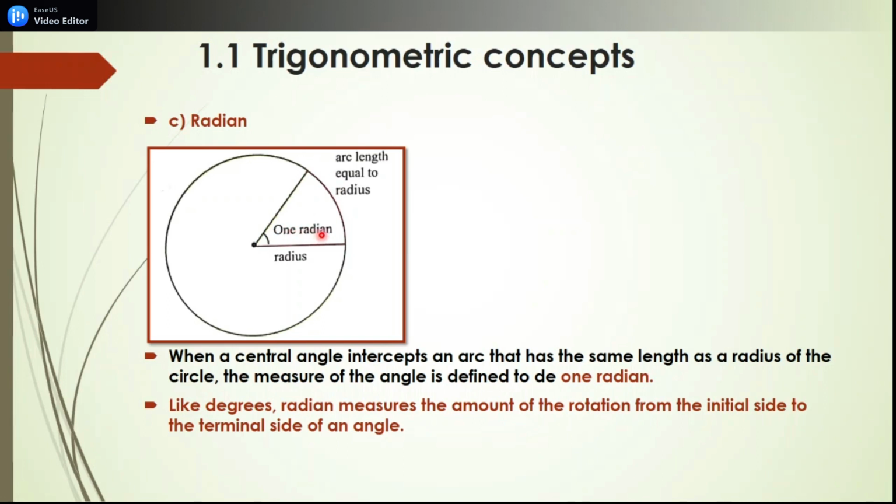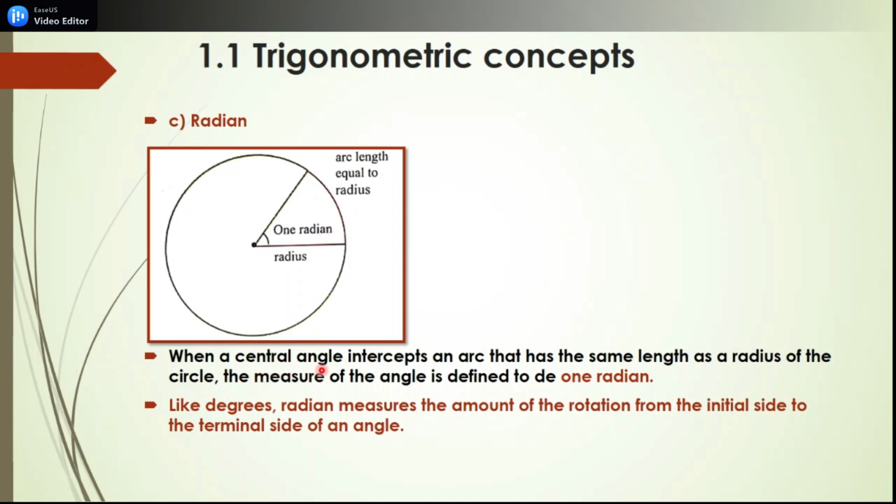Means 1 radian. When we measure the length of the radius here, then we put it on this side. The point on this side, which is equal to the radius, corresponds to 1 radian.